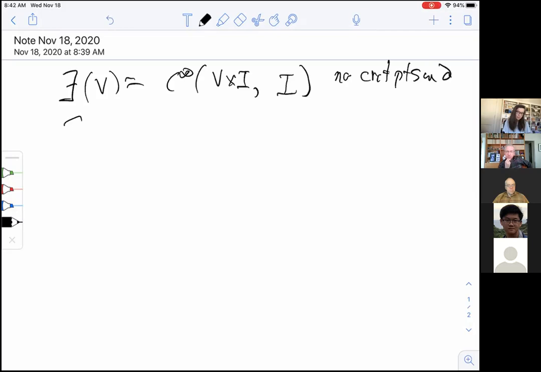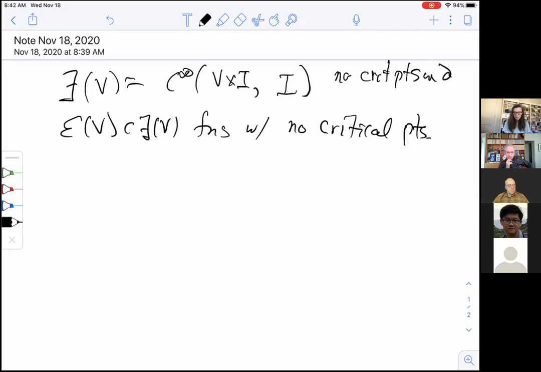And inside there, we have E of V, functions with no critical points. And what we've got to show is that E is path connected.